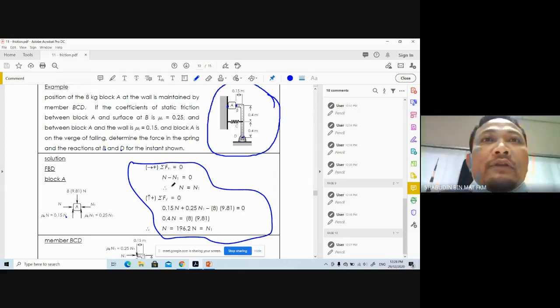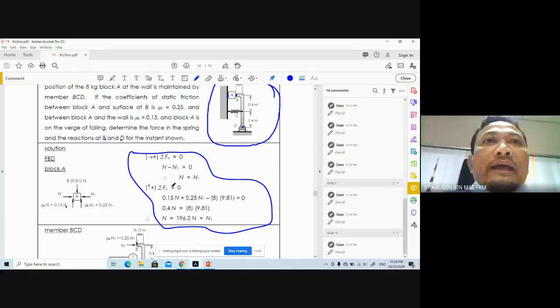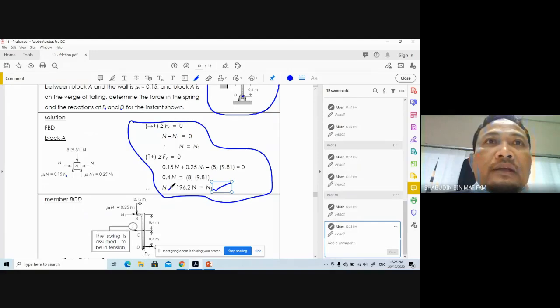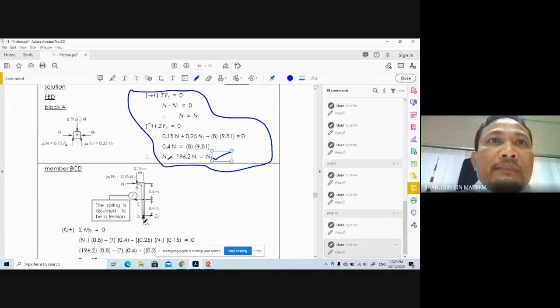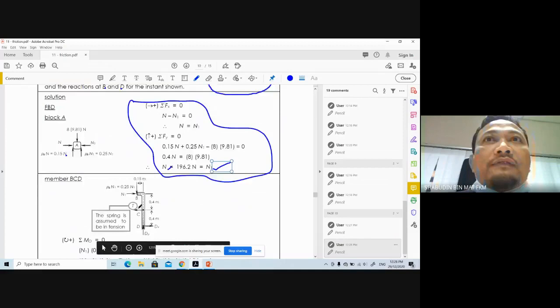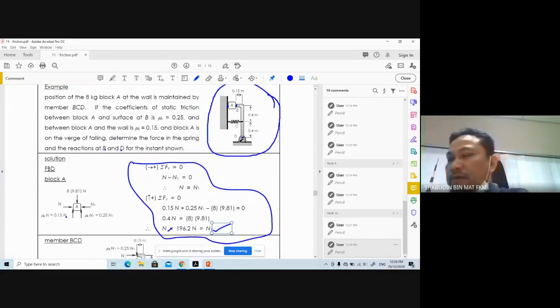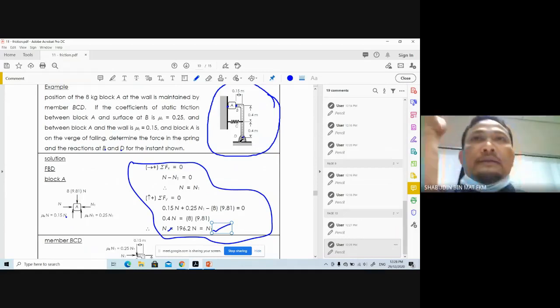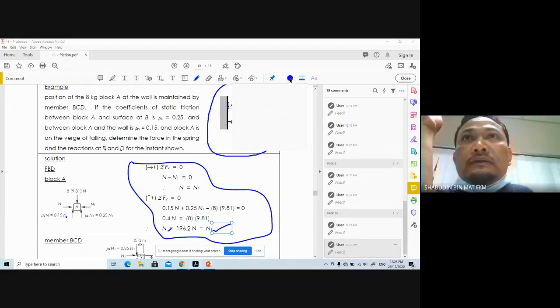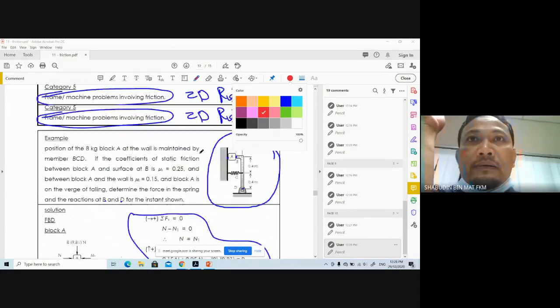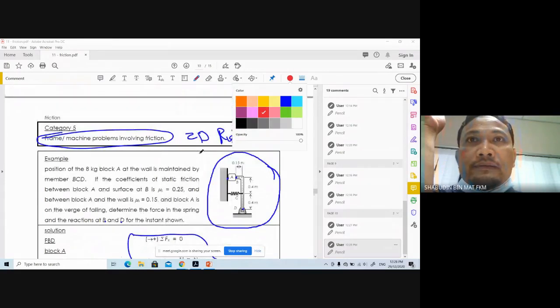Then you have N1. Draw a free body diagram at point D of structure BCD. Where is the boundary of it? We did this many times. This is the boundary.